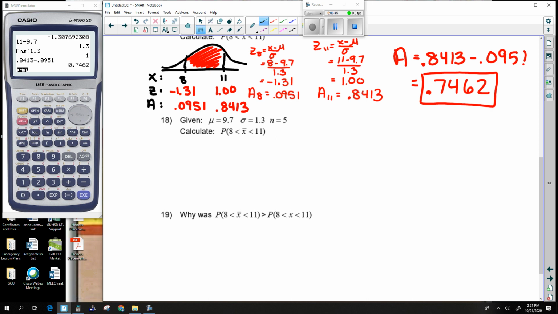Okay. The next question is the exact same problem. We're finding the area between 8 and 11. However, the difference between this problem and the last problem is that this middle piece is an X bar. That means it's a sample. And so because it's a sample, we have to get a new standard deviation.